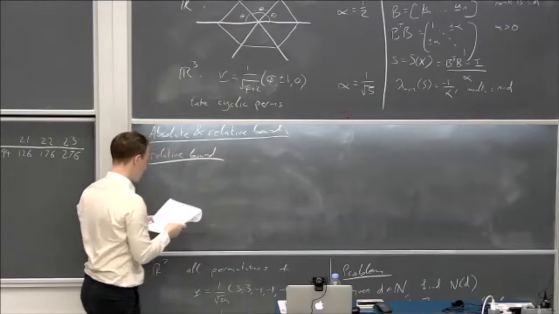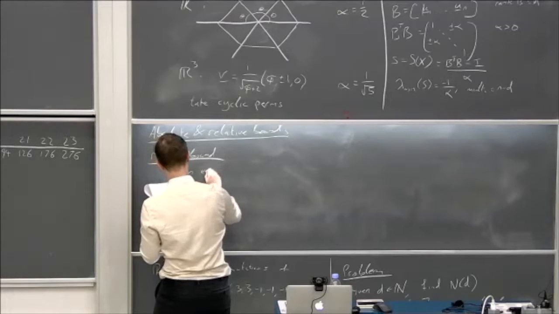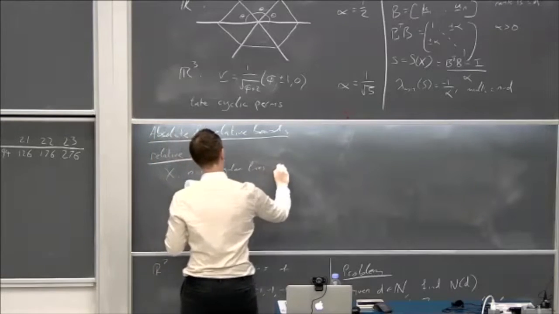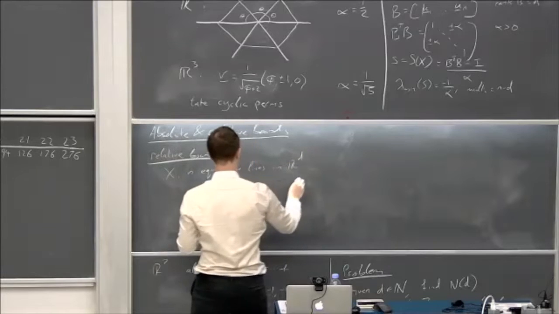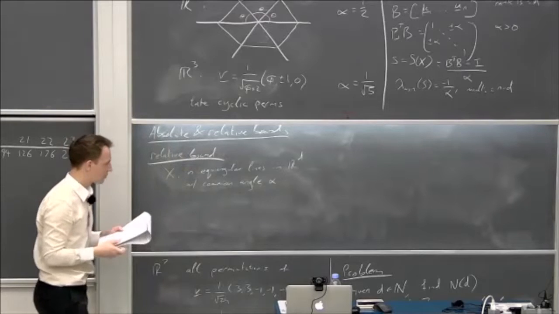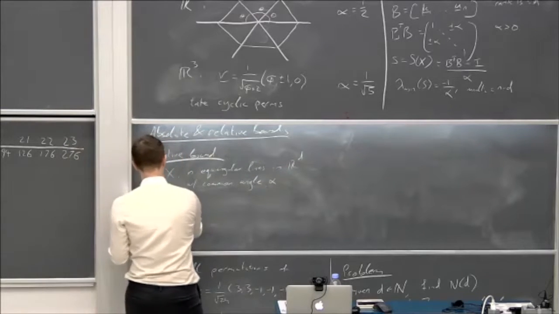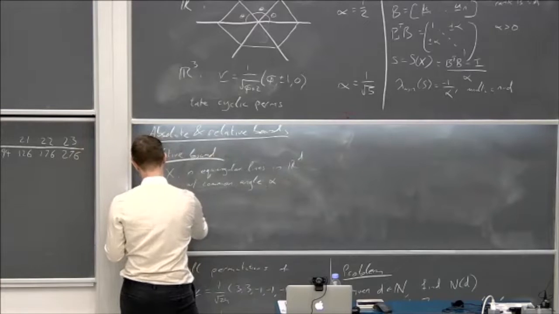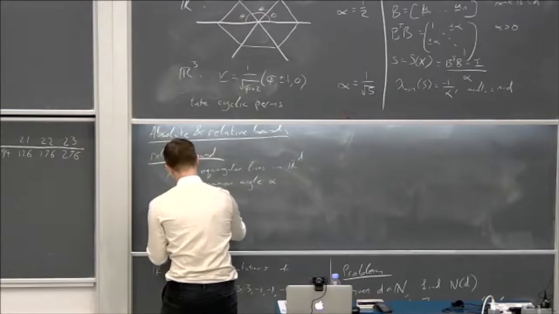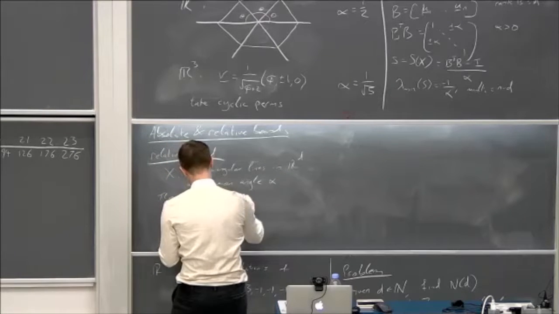What the relative bound says is, if you have n equiangular lines in R^d with common angle, so here we're not just fixing d, but we're also imposing a particular angle, then we know that n is at most d times (1 minus alpha squared) over (1 minus d alpha squared).